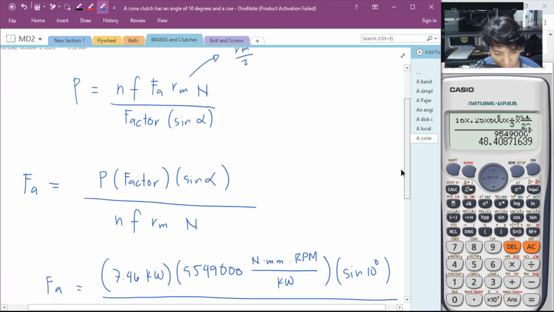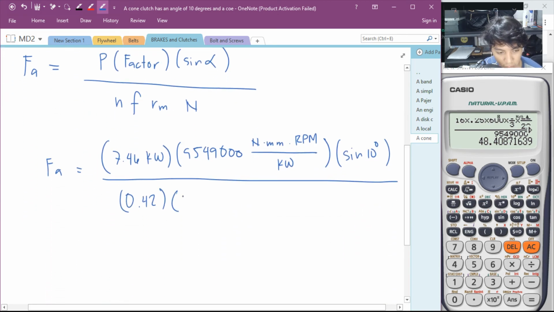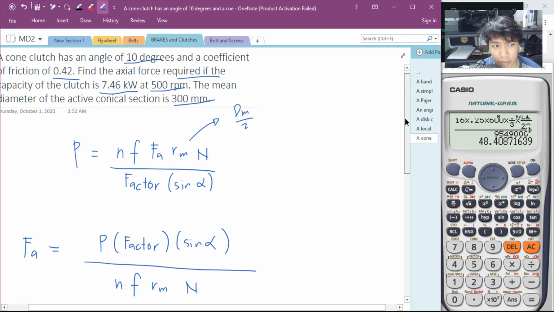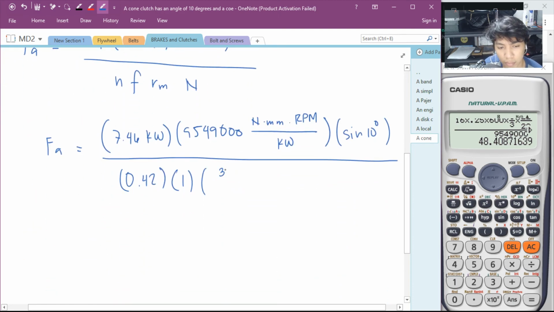So, isa lang. And then, yung RM mo, that is 300 divided by 2. Tapos, 500 RPM. Anong lalabas dyan na FA? In kilonewtons dapat.